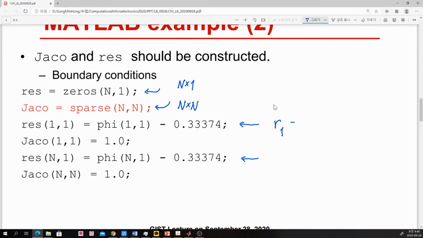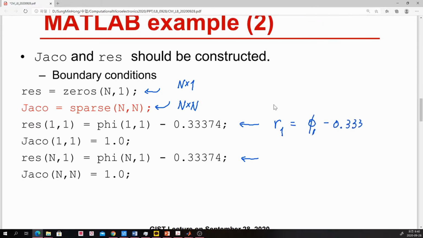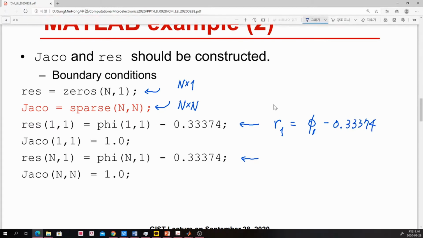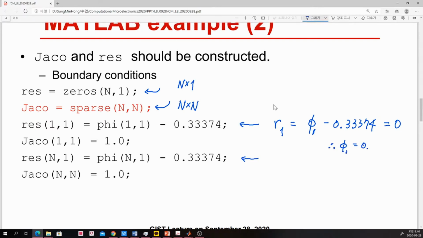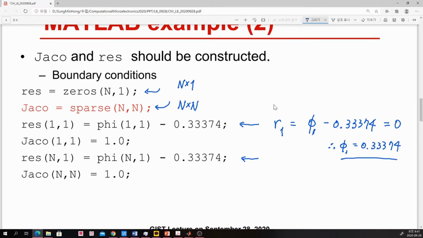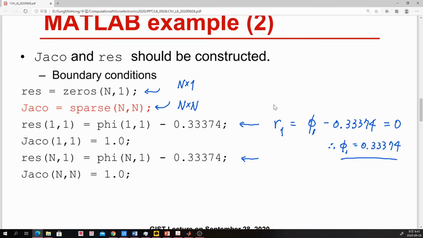If we write it in this way, R1 equals phi 1 minus 0.33374, and we want to make it 0 eventually. So our goal is to set phi 1 equal to 0.33374. And if we are considering non-zero gate voltage, then what should we do?